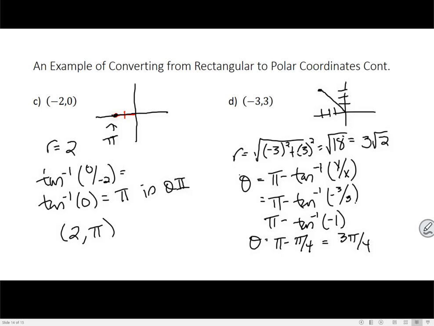So to put that together, my point P is going to equal 3 root 2, 3 pi over 4. Okay, and that's my answer for D.